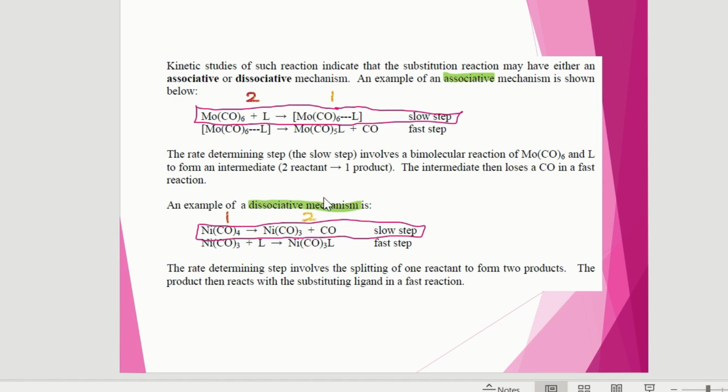So for the associative mechanism, at the slow step we have two reactants and they produce one product, which is the intermediate.